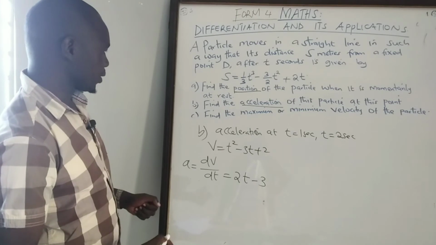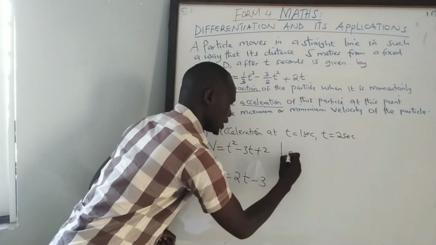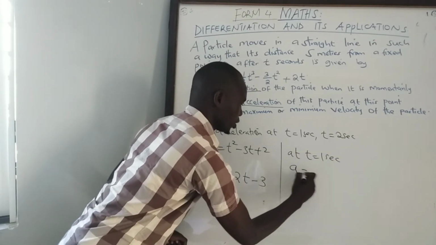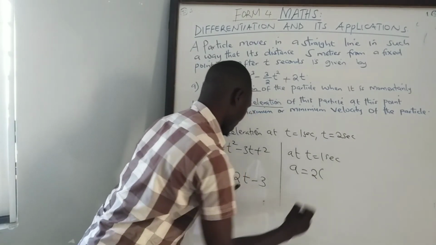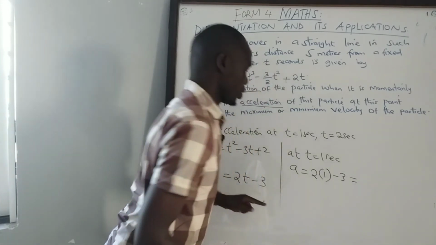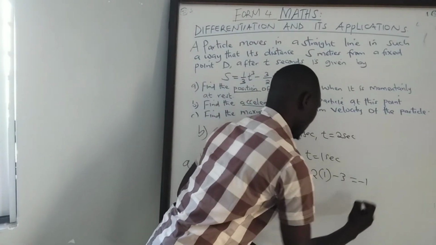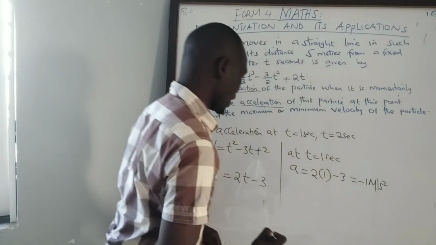From here we know at t equals 1 second, our acceleration is going to be equal to 2 times our t, which is 1, then minus 3, and this gives us 2 minus 3, which is negative 1, and acceleration is usually measured in meters per second squared.